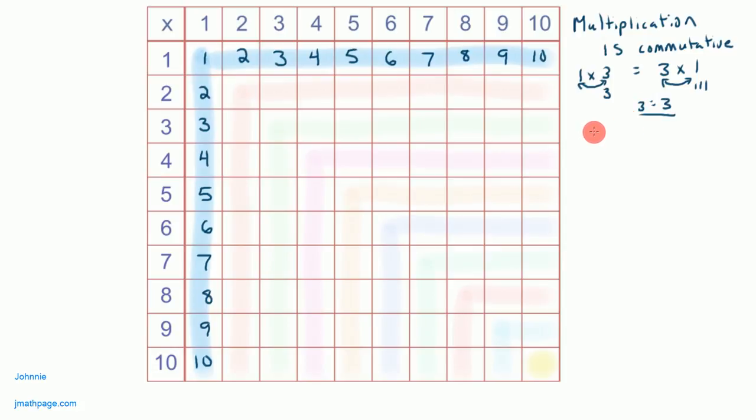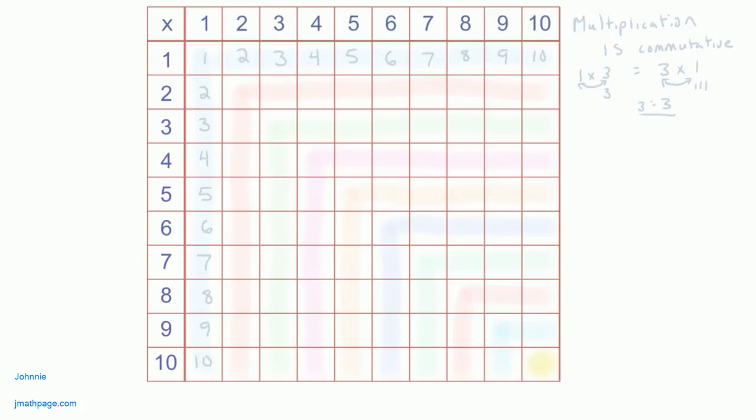Let's try our 2's now. Same as before. Let's put our 1's away. 2's. 2 times 2 is 4. 2 times 3 is double 3, which is 6. 2 times 4 is 8.